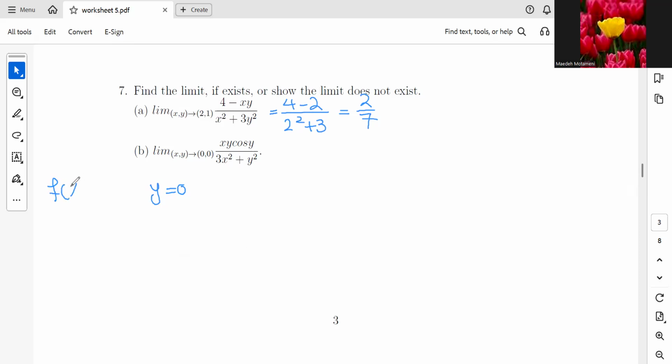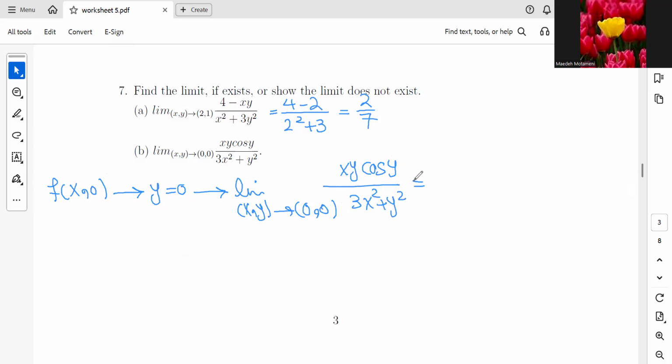When y is 0, the limit as x and y approach 0 and 0 of the function xy cosine of y over 3x squared plus y squared is going to be 0. And it is defined here.